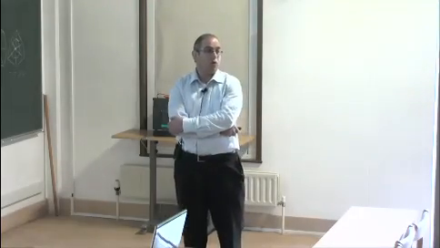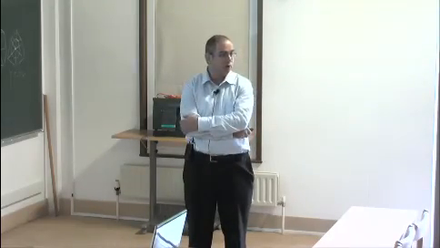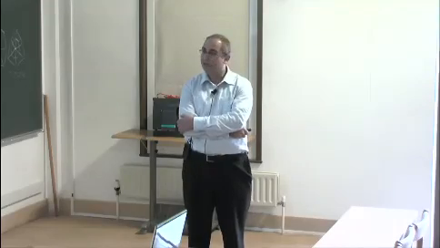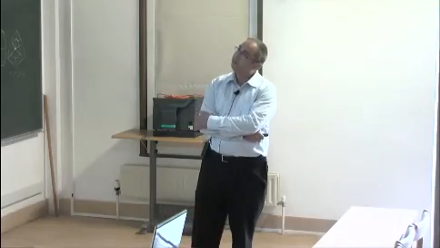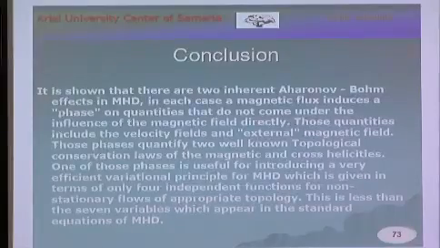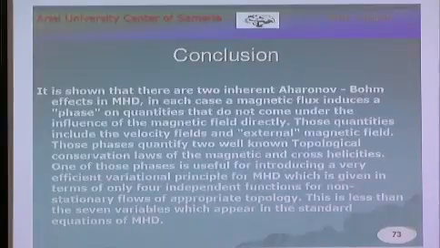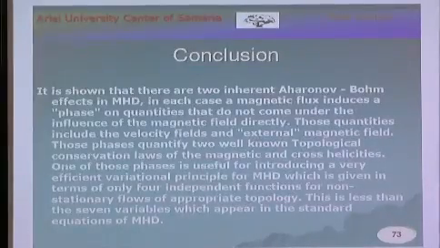Let me conclude. That's not really a conclusion, because I'm going to show an analytical example after that. But let's summarize. It is shown that there are two inherent Aharonov-Bohm effects in MHD.